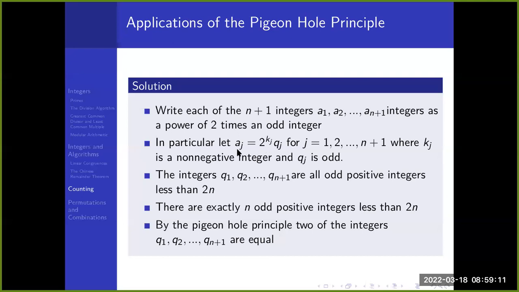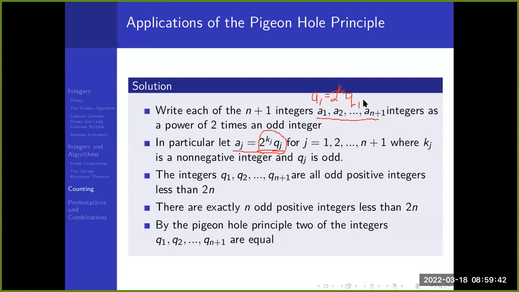But you have understood the fact that if you pick an integer, you can write it as a power of 2 multiplied by an odd integer, right? Yeah. Okay. So now we have a list of n plus 1 integers. Each of them will be written in this form, right? So for instance, a1 will be written as 2 raised to, we'll call it k1, multiplied by q1.